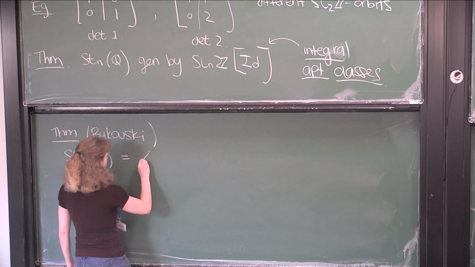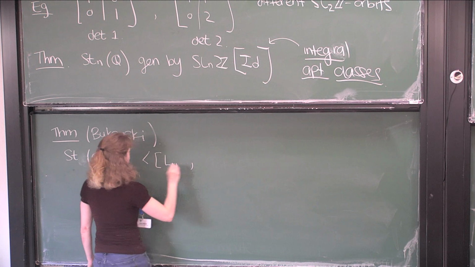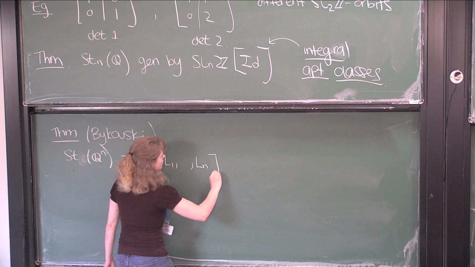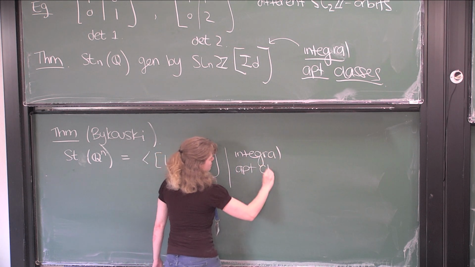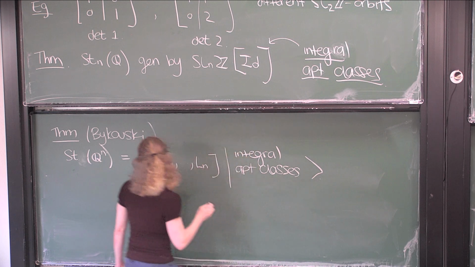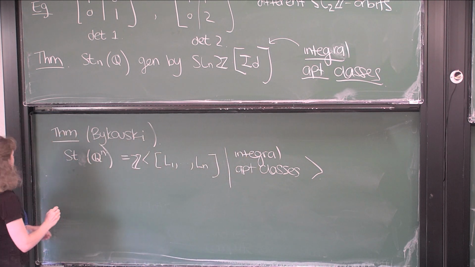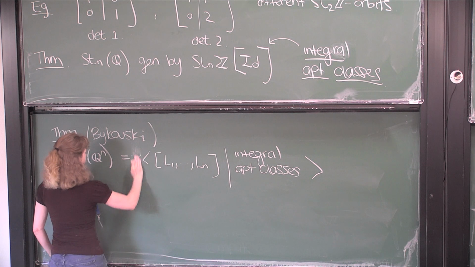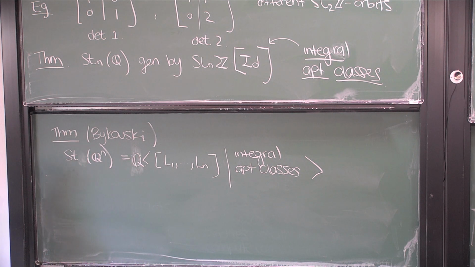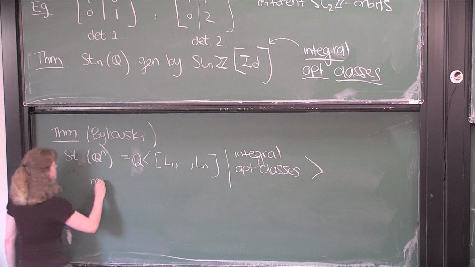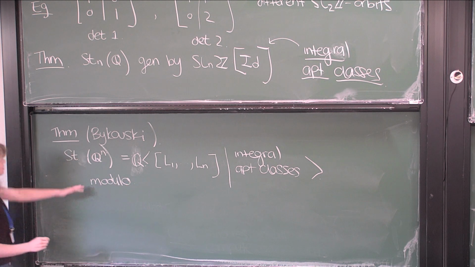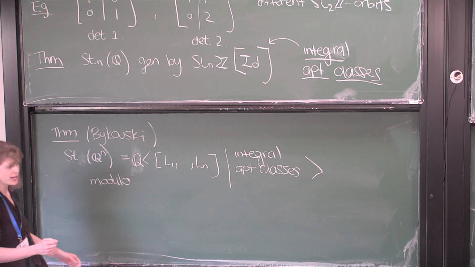If I take, first of all, the free vector space on all my integral apartment classes, we're working rationally. The Steinberg module is rational today. So we take the vector space on all the integral apartment classes, and Bykovskii proved that the Steinberg module is the quotient by the following relations.